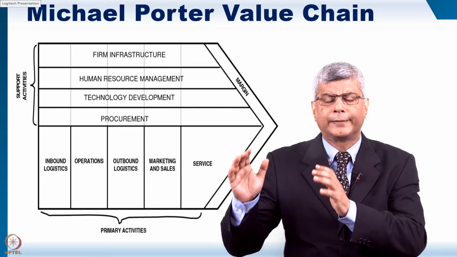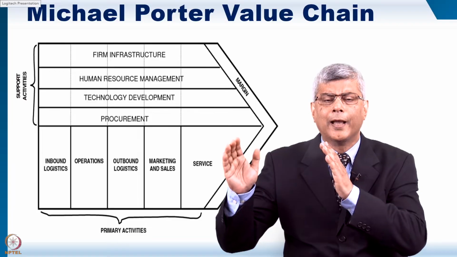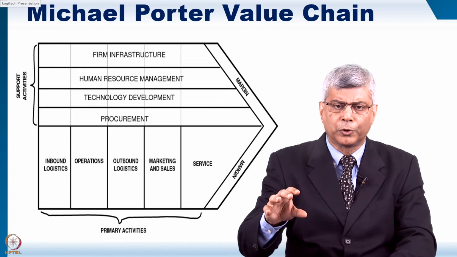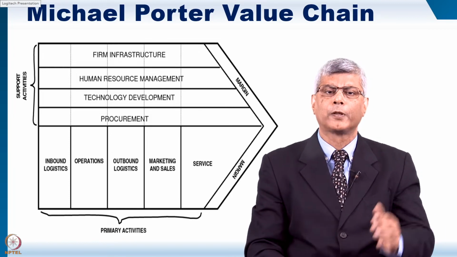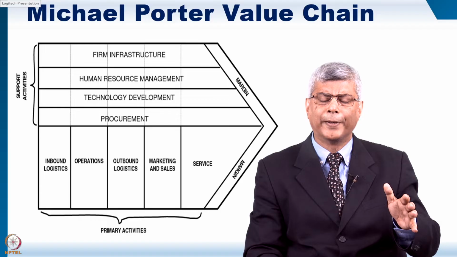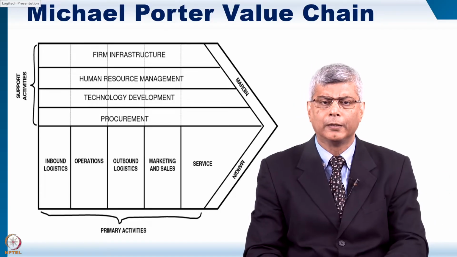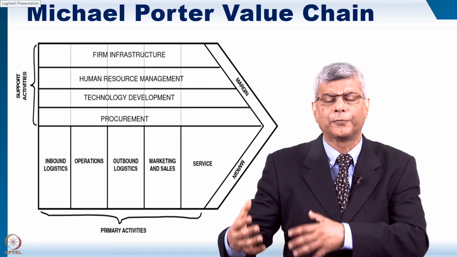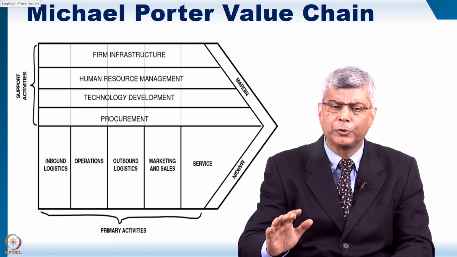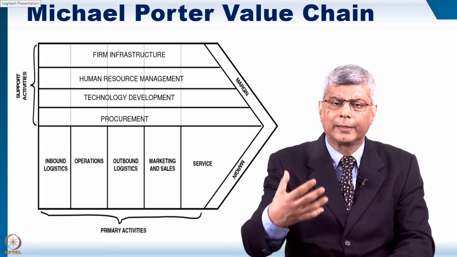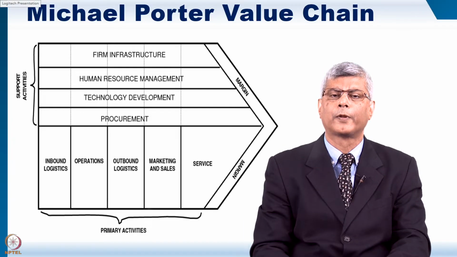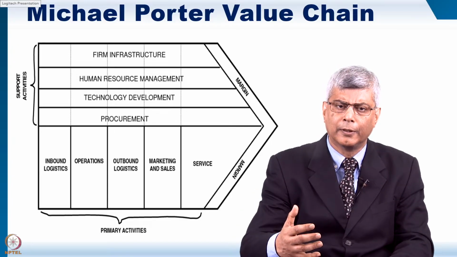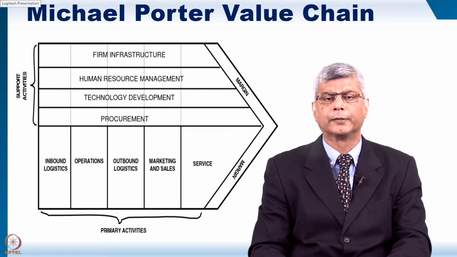So if you look at the arrow, it starts with creating value for customers, and then if you look at the bottom row, these are the core functions. So there's inbound logistics, where the company is sourcing a lot of raw material. Then there is operations, where they're making the final product or the final service. Then there's outbound logistics. Then there's marketing and sales. And then there is the customer service, depending on what the product is.